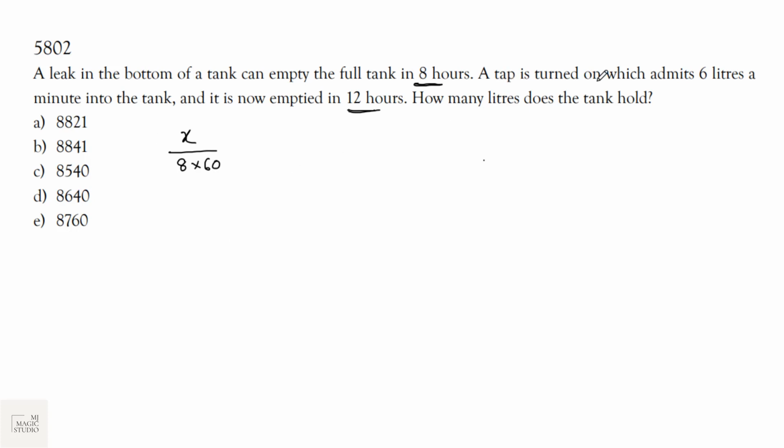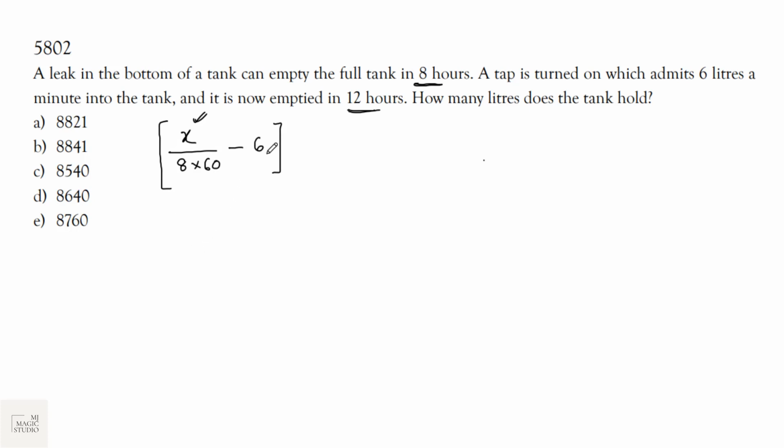Now, if a tap is opened, it is admitting 6 liters a minute into this tank. That means now the efficiency of the leak is only this many liters per minute.